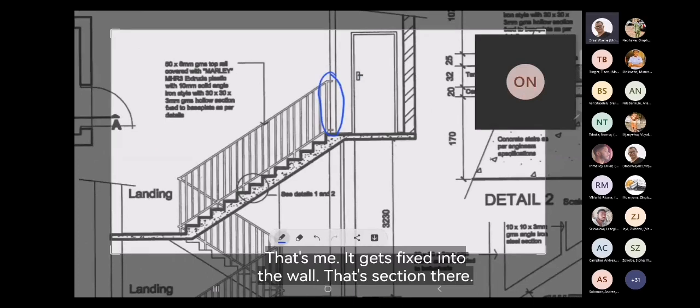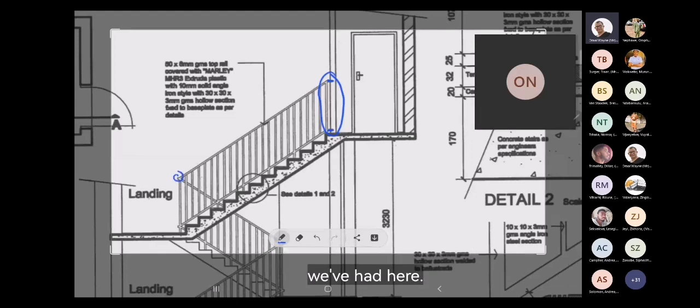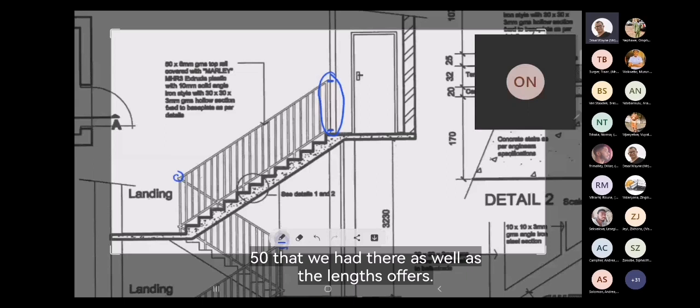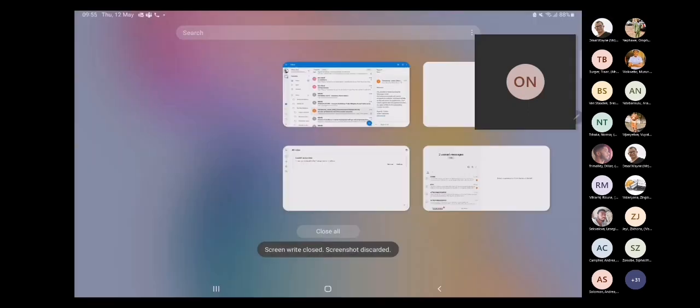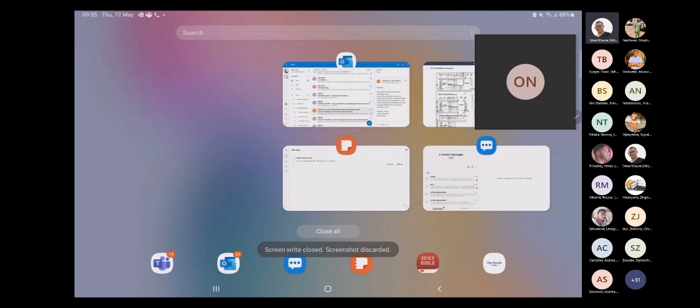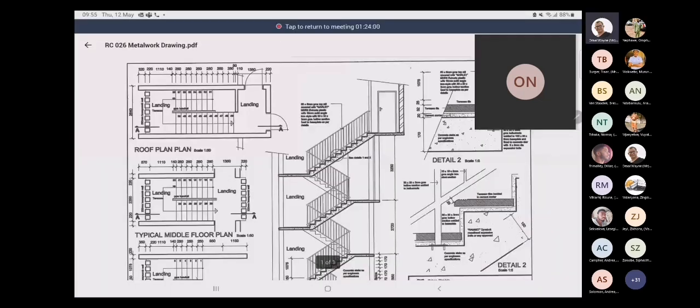That's where it gets fixed into the wall, that section there. It goes beyond. So we'll add that 110 to all these 50s that we've had here, as well as the lengths of those. Yeah. You with me? Yes. Okay.